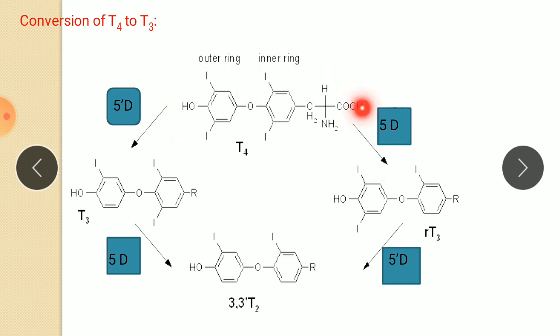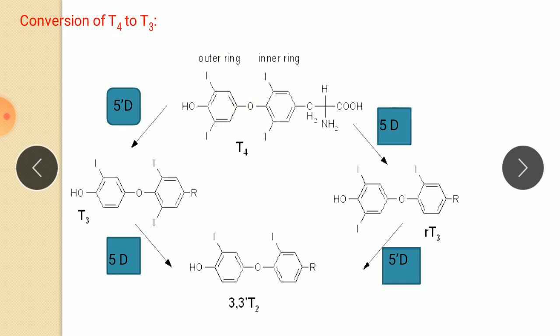So this is the T4 structure. Here the enzyme is called deiodinase, designated by capital D. As the name indicates, 5'-deiodinase means this enzyme causes deiodination of T4 at the position 5'.